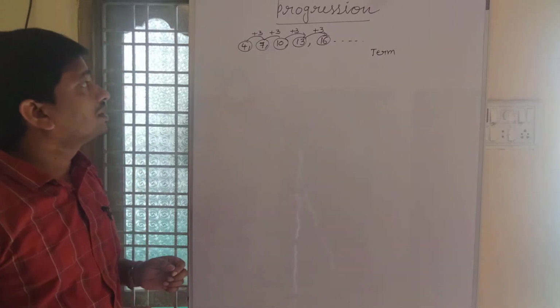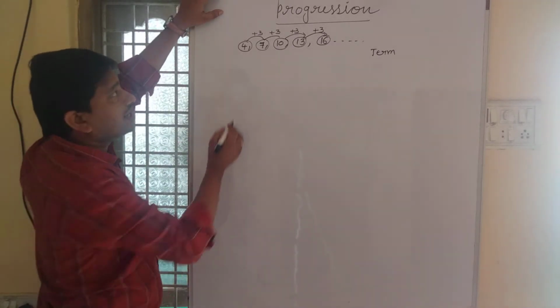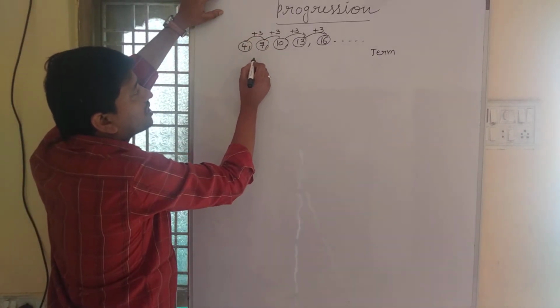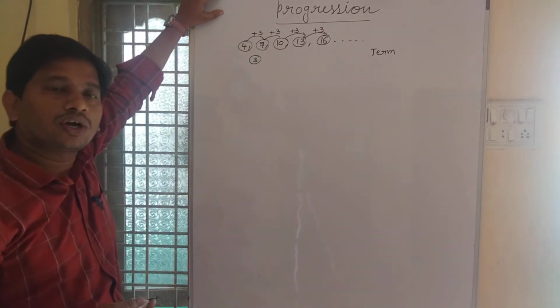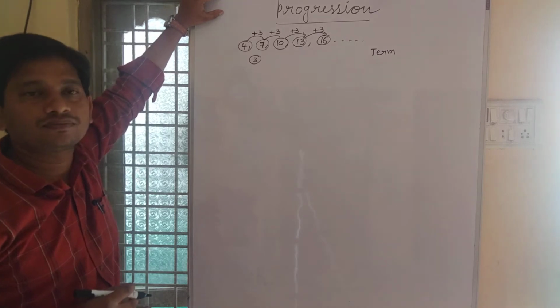See, in this sequence, the constant term that we are adding is 3. That is called the common difference.